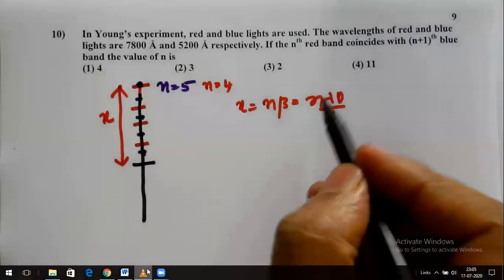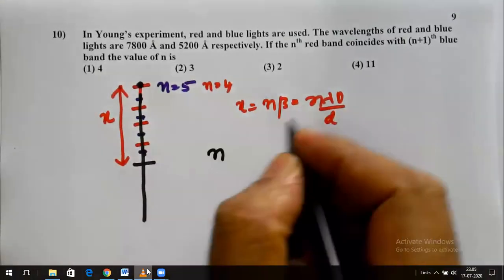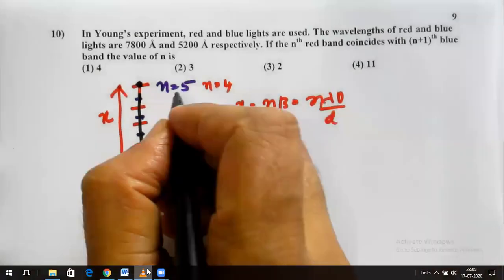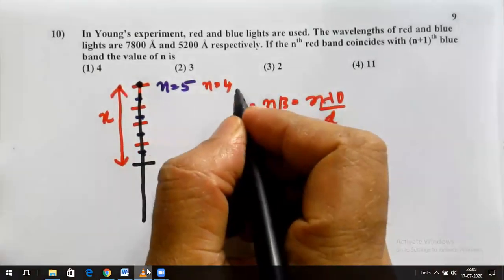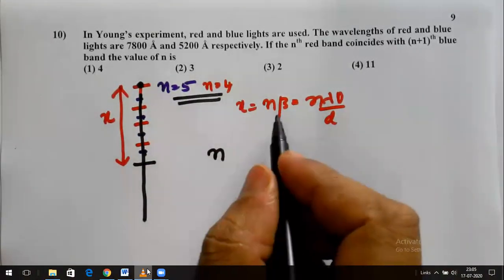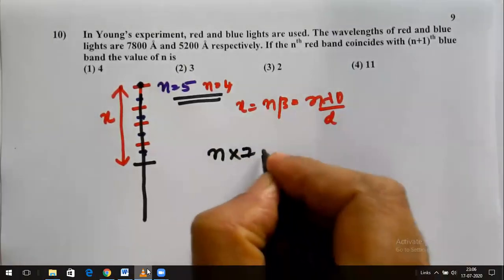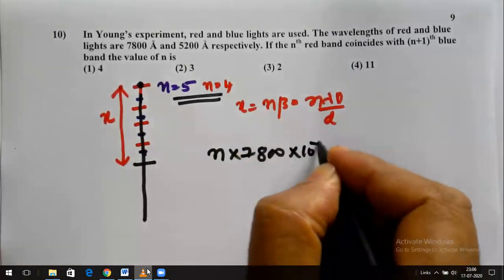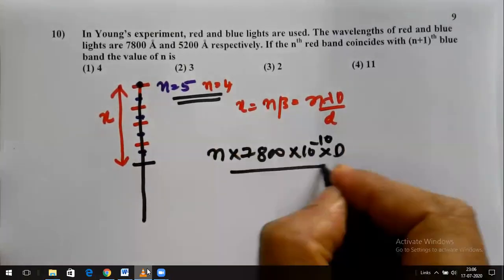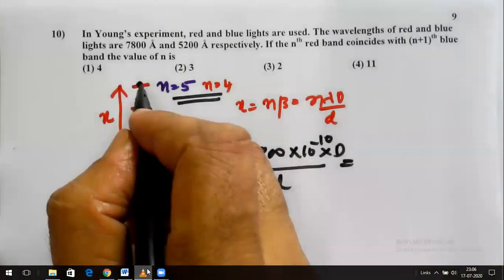Now you write the n lambda D by d for the red wavelength. Of course, this n will vary; for one it is 5, another one it is 4. So this is an example, that's all. Now, nth fringe of red: n into lambda, 7,800 angstroms, capital D by small d must be equal to, because this is the position of the nth red band.